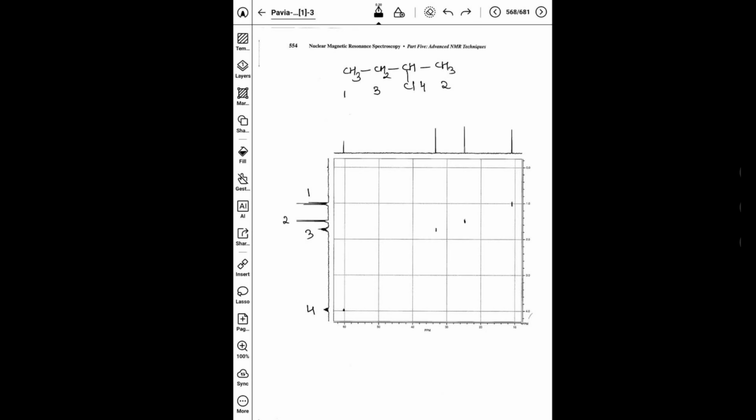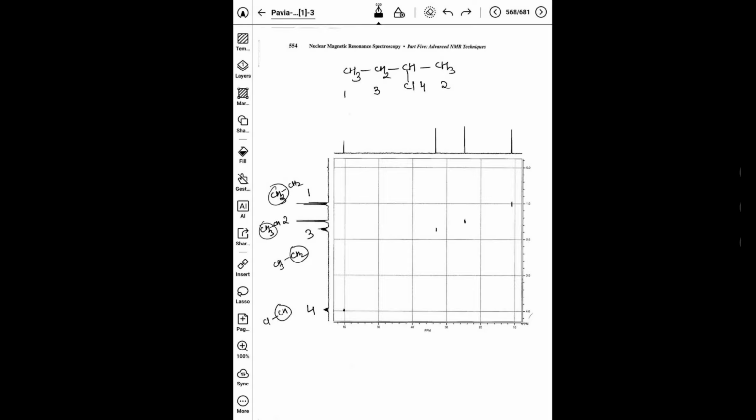So 1 is CH3 attached to CH2. This 2 is CH3 attached to CH, and this third one is CH2 attached to CH3, and this fourth is CH attached to chloro.